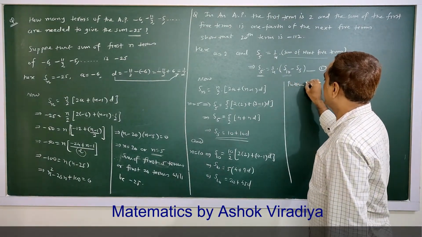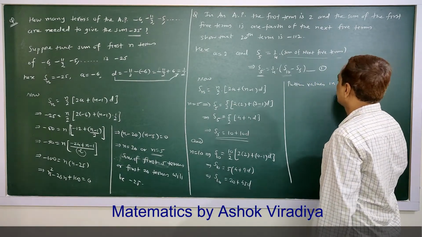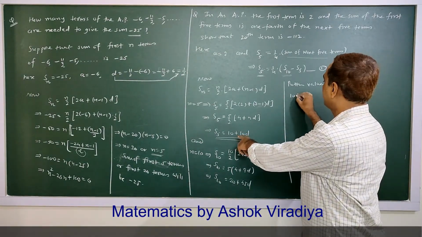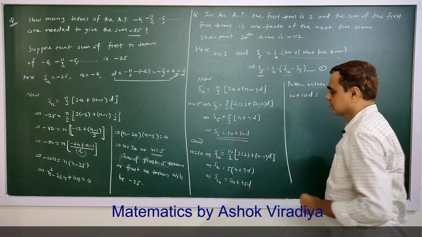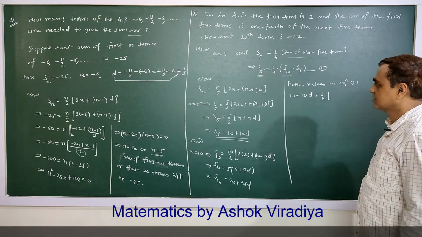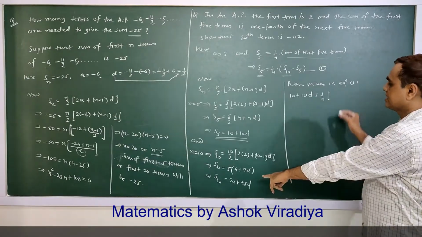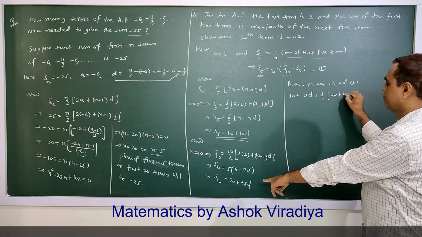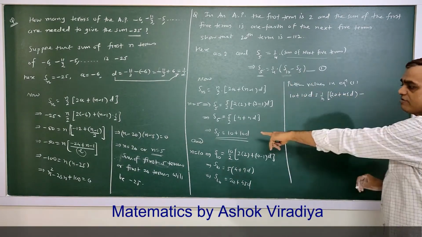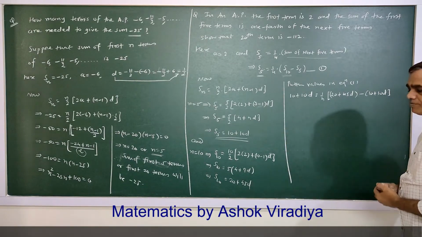So 10 plus 10d is 1 by 4 times S10, which is 20 plus 45d, minus S5, which is 10 plus 10d.